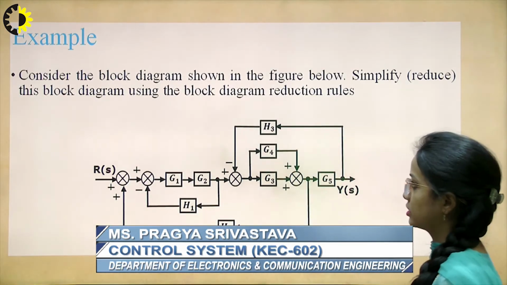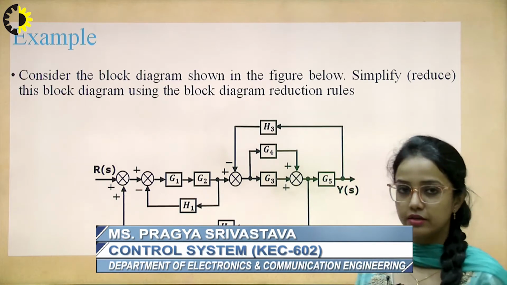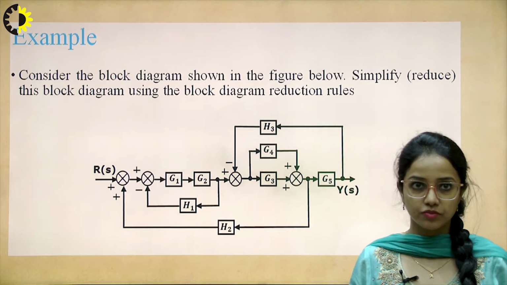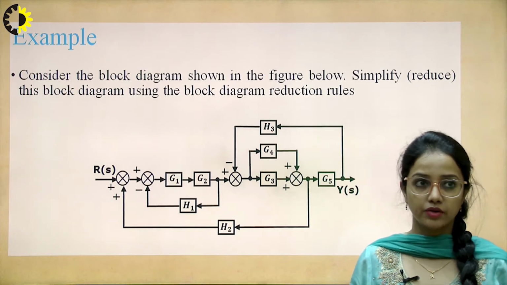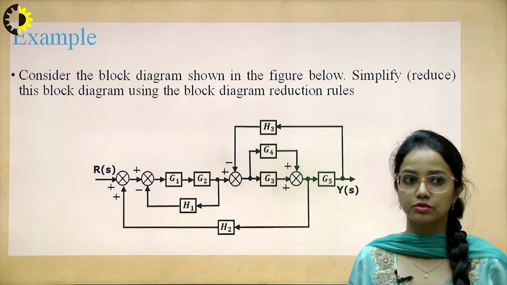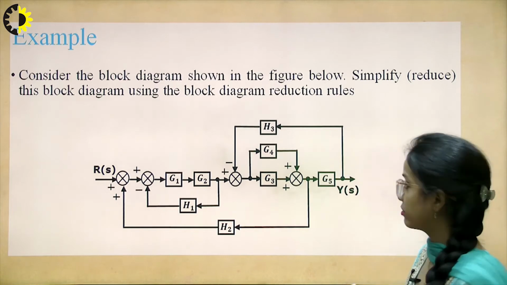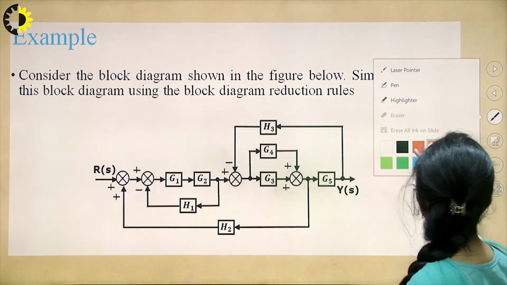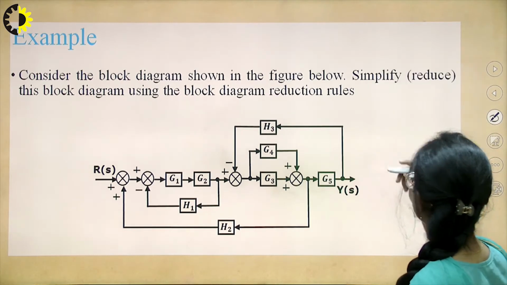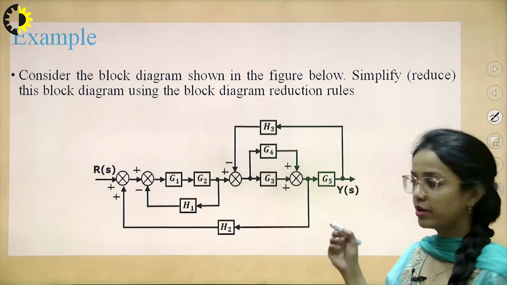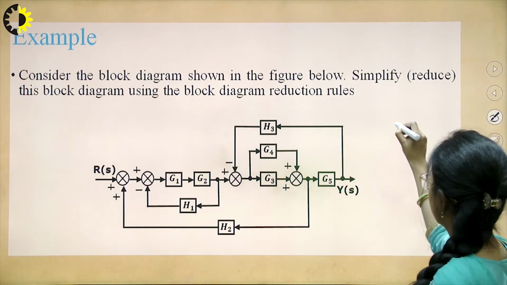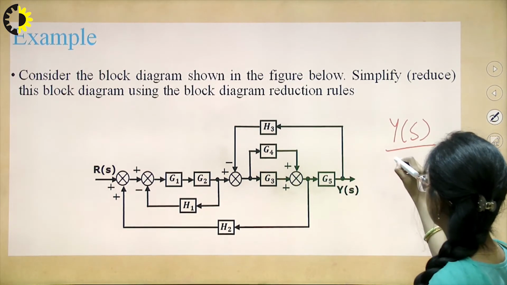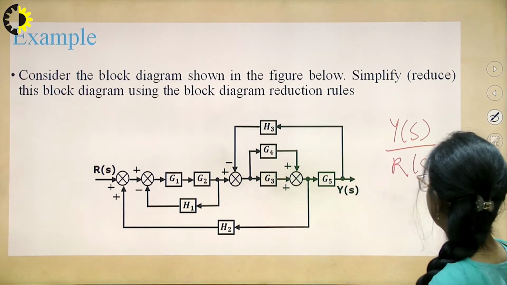So such a question will be there: consider the block diagram shown in the figure below. Simplify the block diagram using block diagram reduction rules. To simplify means I am supposed to find out the ratio of output by input.